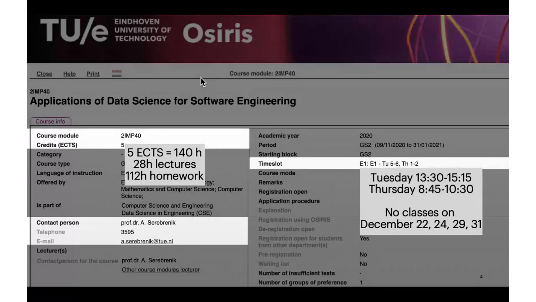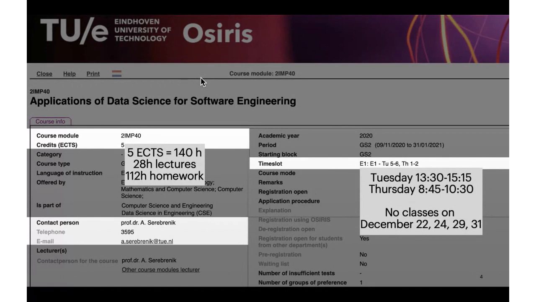So first of all, it's a 5 ECTS course, as any other course offered by our master's program. And this means that an average student should spend roughly 140 hours for the entire course. So 140 hours will consist of 28 hours of lectures and 112 hours of homework.